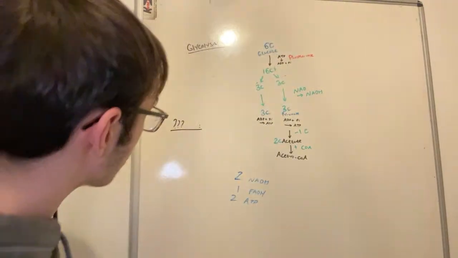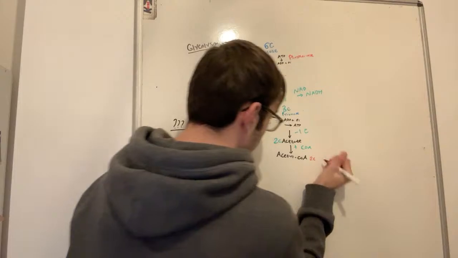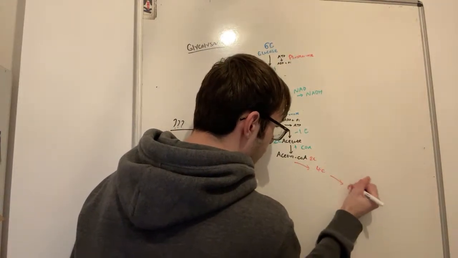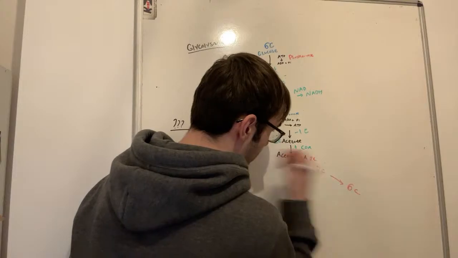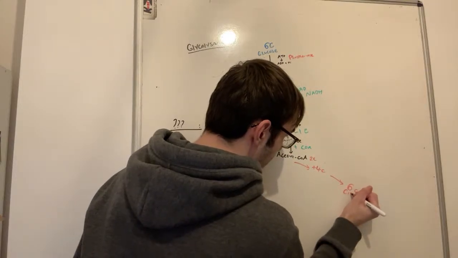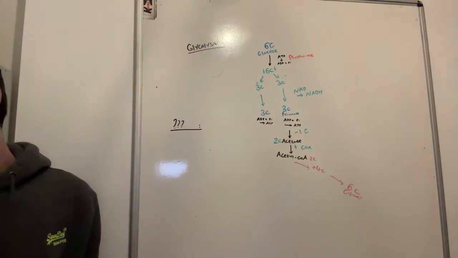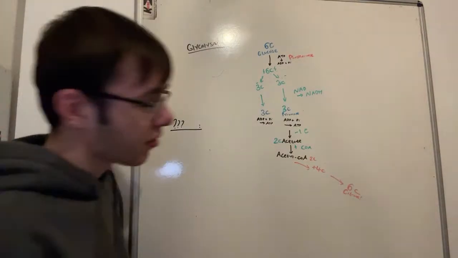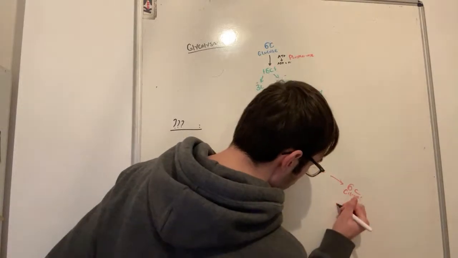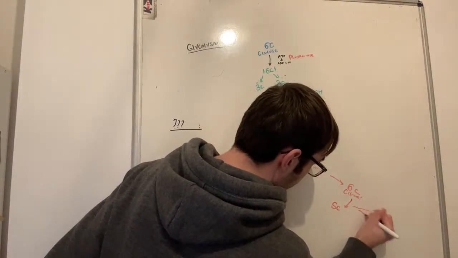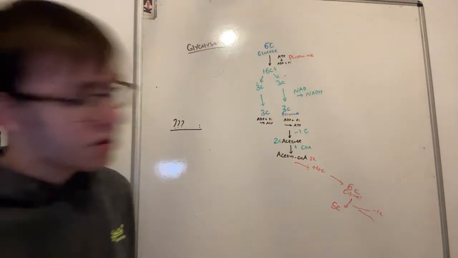Okay, we can go the rest from here. So, this is a 2 carbon compound still. It's going to combine with a 4 carbon compound to become a 6 carbon compound, citrate. Okay, 6 carbon. From there, it is going to be decarboxylated into a 5 carbon, which is going to cause NAD to be reduced.